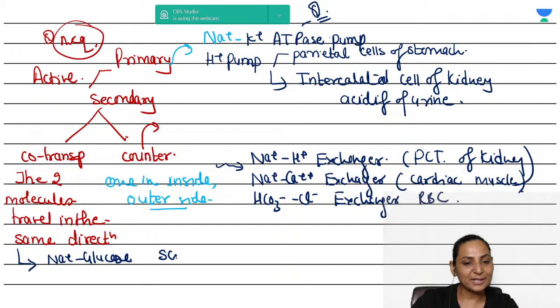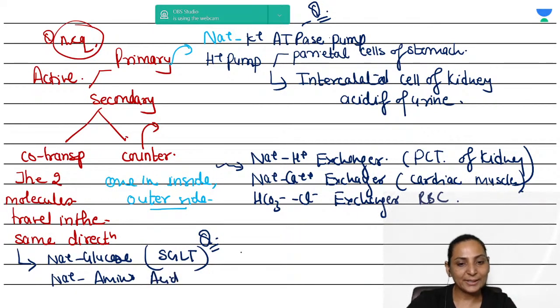This is also called SGLT, and this SGLT is a very important MCQ every time. Apart from this, you will have sodium amino acids, sodium bicarbonate, and the sodium iodide symporter, which is present in the thyroid cells.